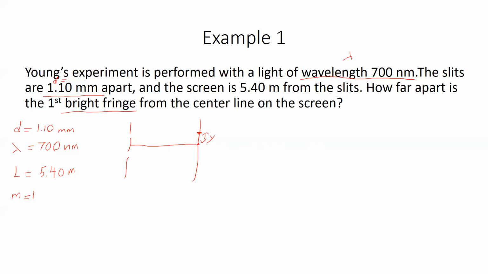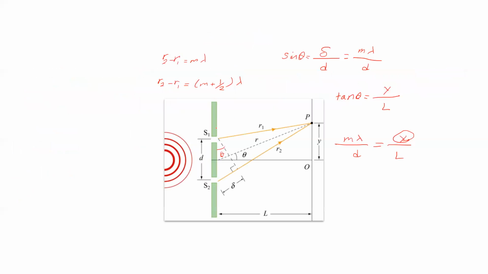As you remember from this image, we can use this formula: sine theta is sigma divided by d, that is m lambda divided by d.